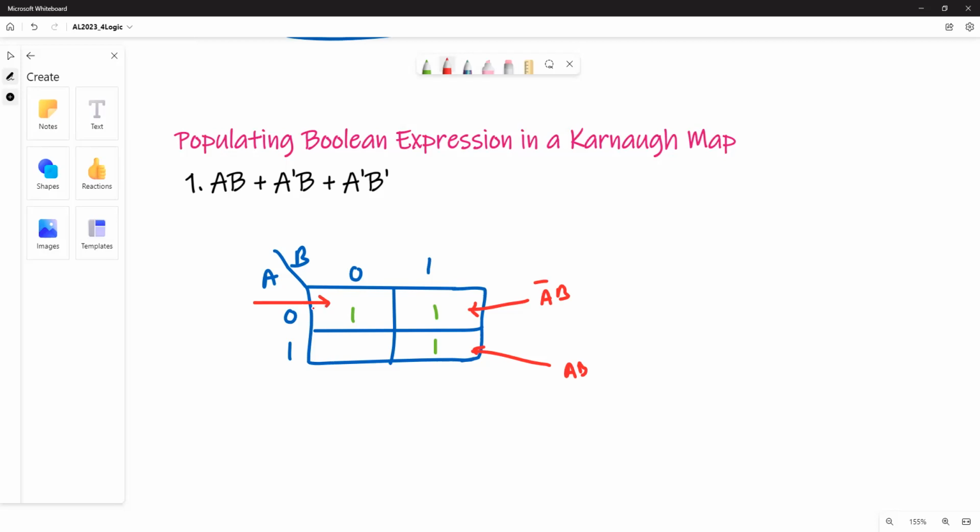So this is A bar, this is B bar, right? So we have done all the 3 steps. So that means there's no step here. So that means this value, we put it 0. That's how we populate a Karnaugh map.